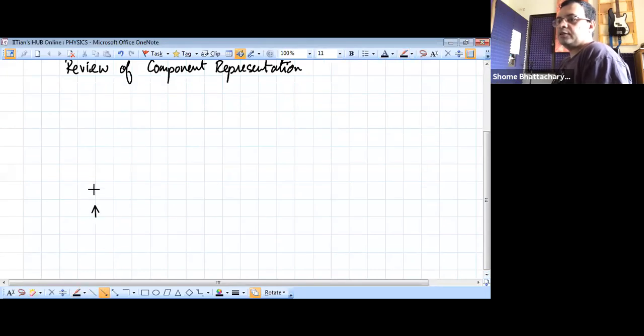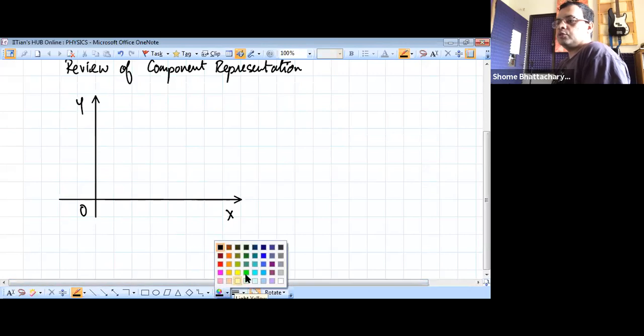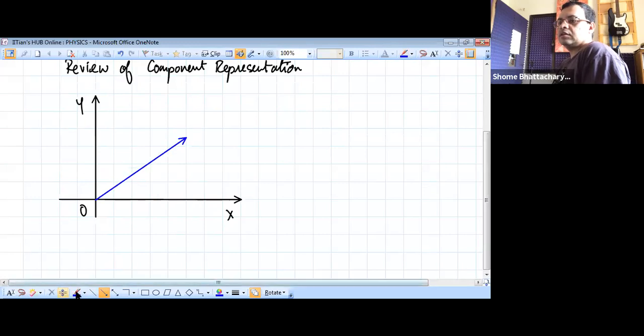What we saw is that with respect to our xy coordinate frame, if a vector drawn from the origin makes an angle theta with the positive x-axis and has a magnitude of a certain amount that we know, then by dropping a perpendicular on the x-axis like this and calculating effectively this x coordinate, we can calculate what is called the x component of the vector.